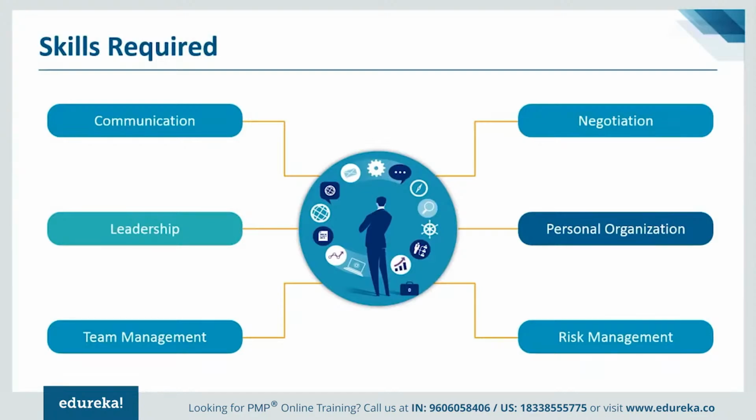Another thing is, of course, leadership. Whichever structure you have in your organization, be it a matrix structure, a typical hierarchical structure, or a functional structure, leadership is definitely required. So even for your team members who are working on your project with you, whether they report to you or not, you still need leadership.